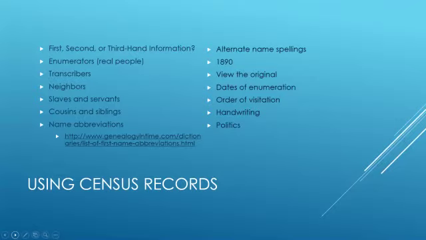So consider, is the information that you are reading from the census a primary source? Is it a secondary source? Is it third-hand information? The enumerators or the census takers were actual real people. And in the early censuses, they were actually U.S. Marshals.